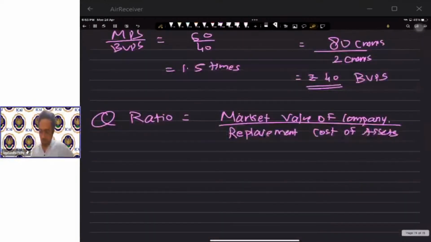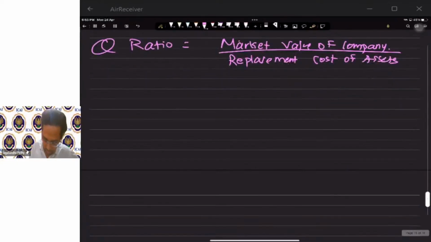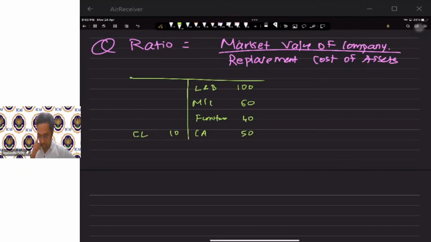Now coming to this Q ratio, market value of the company divided by the replacement cost of assets. Let's say the company has land and building, machinery, furniture, some current assets, and some current liabilities. Land and building is 100 crores, machinery is 60 crores, furniture is 40, current assets are 50, and current liability is 10.